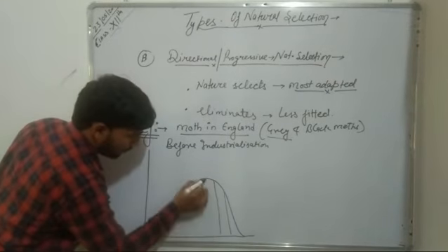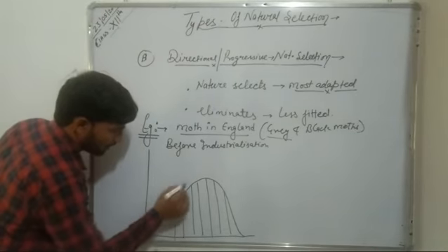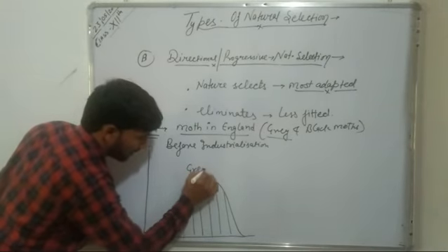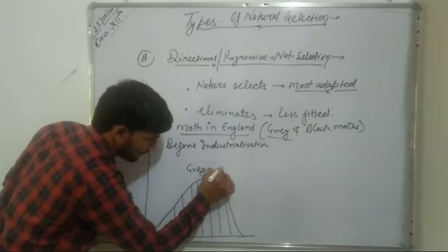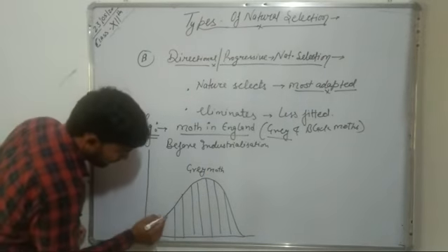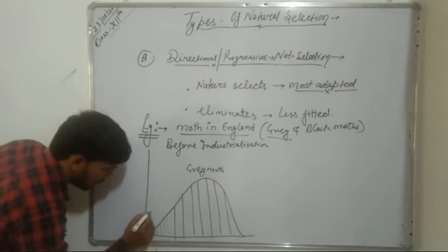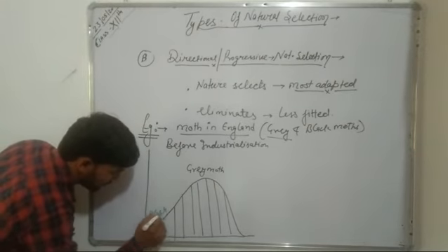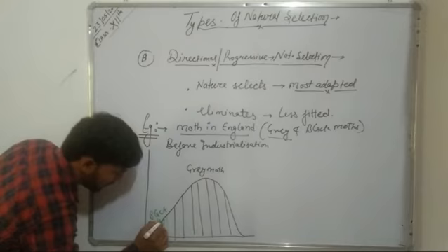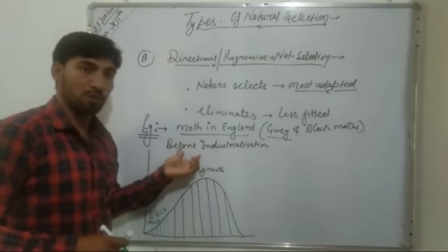So the population of grey moth was much larger. This represents the grey moth, and the population of black moth was much less. So here is the black moth. The reason we have already discussed in the last video: before industrialization pollution was absent.